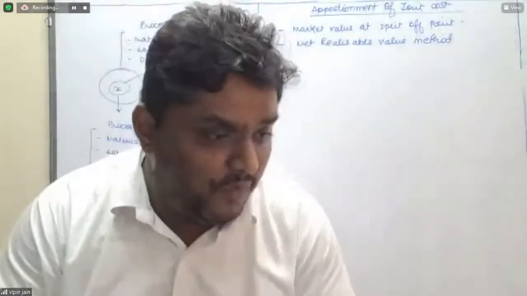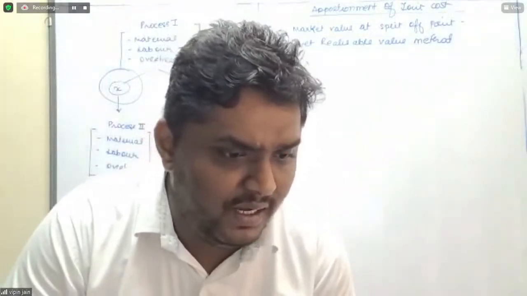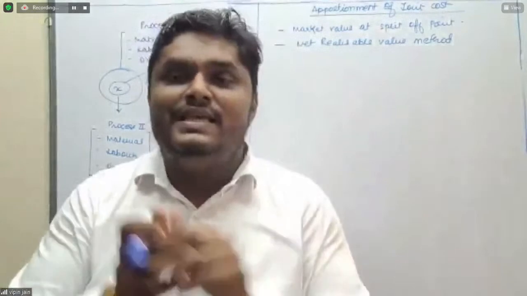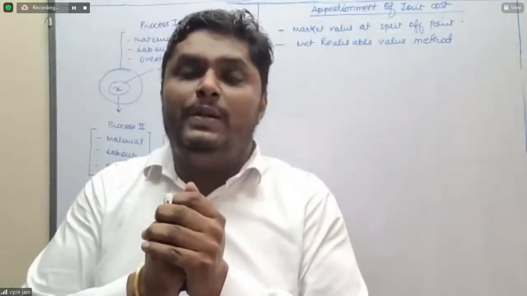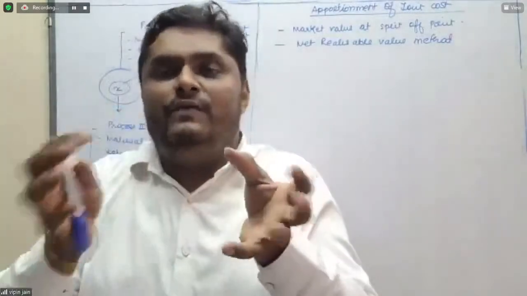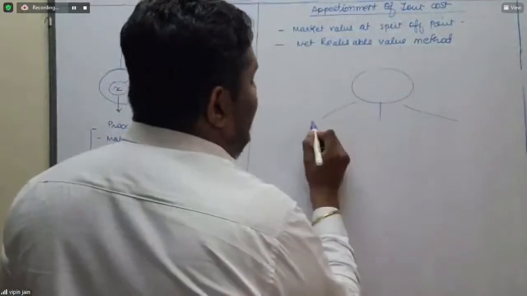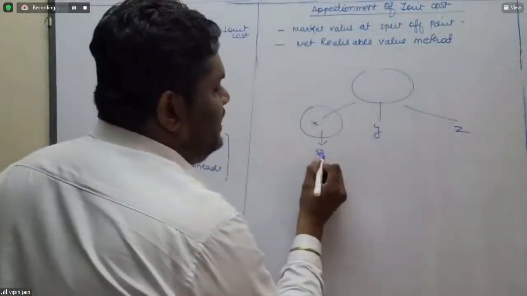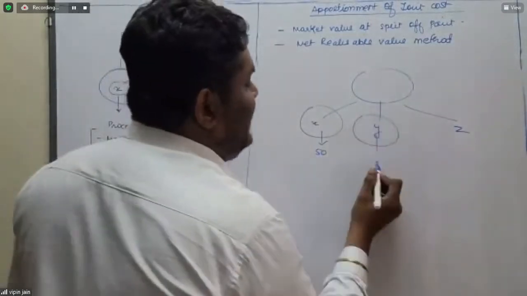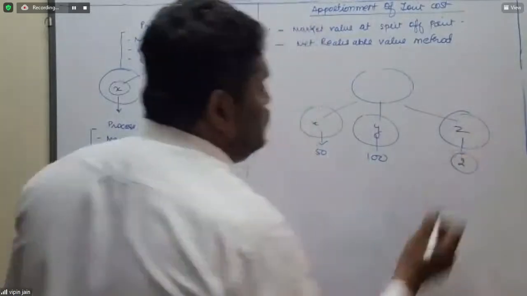There is a query from Sumita, sir, why is there a difference in price of 50 and 20? See, Sumita, when talking about joint products, they have some different values. Let's say from a particular process, 3 products emerge, X, Y, and Z. Let's say X can be sold in the market at the rate 50, Y can be sold at the rate 100, but Z can be sold at the rate rupees 2 per unit.